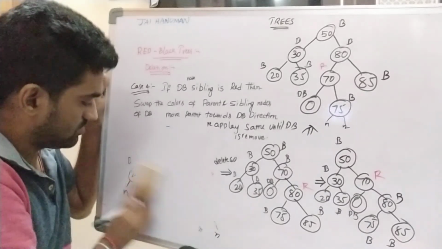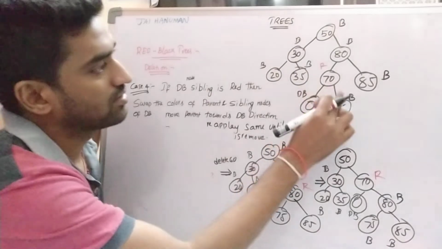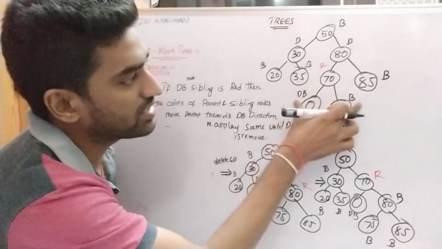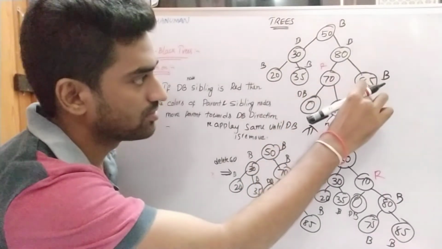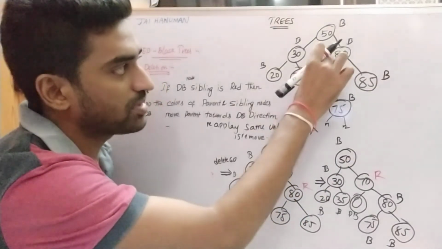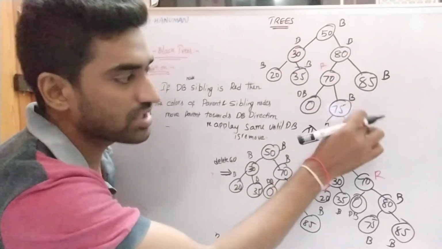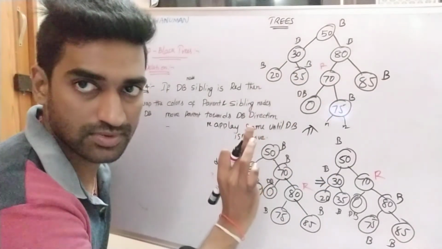So here once we can apply case 3, DB sibling is black, remove DB, add to the parent. If parent is red, it becomes black. By default sibling becomes red, right?